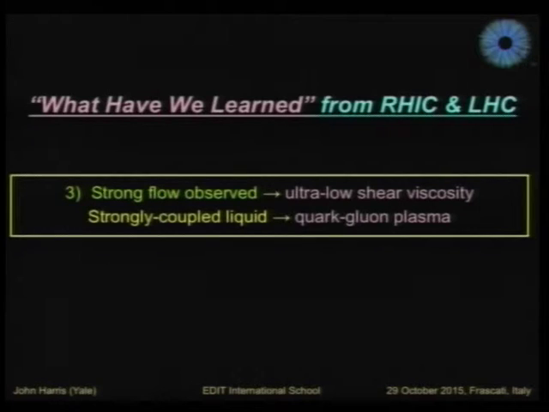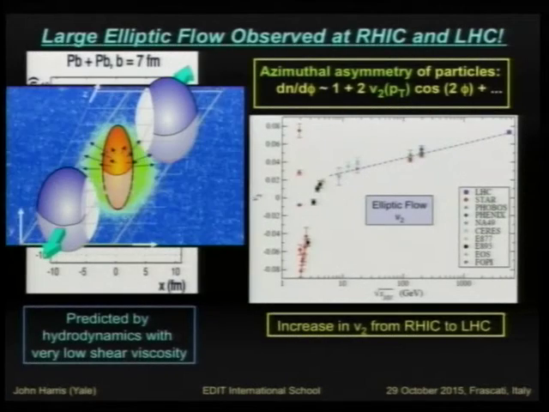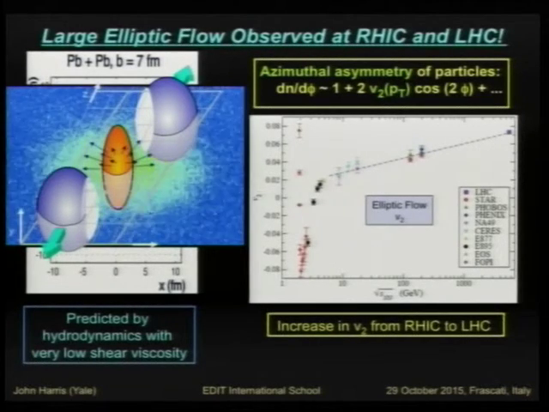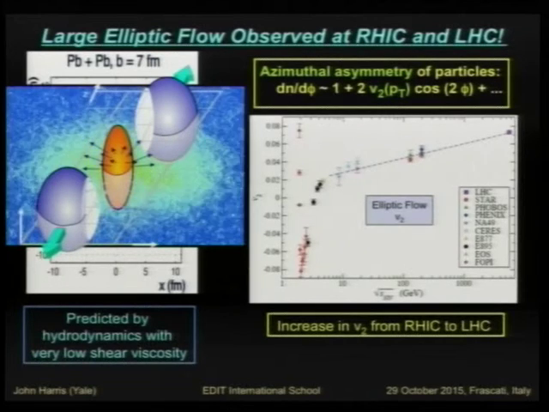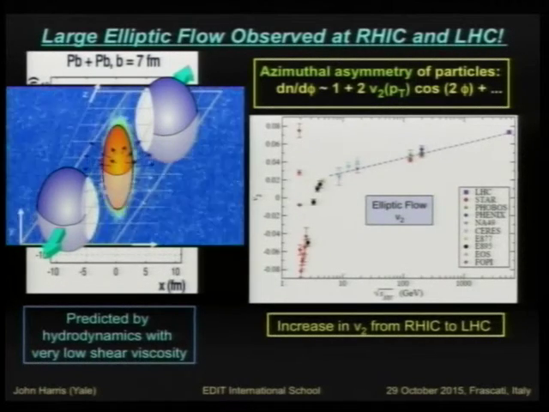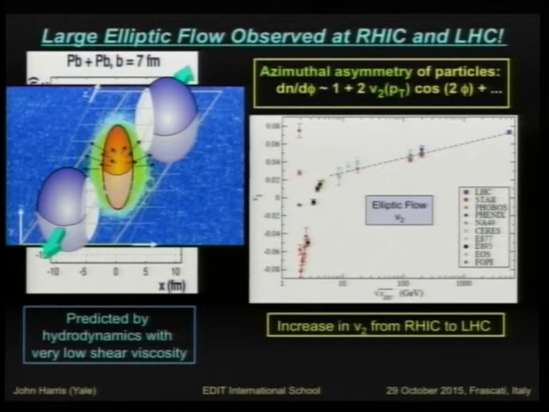Okay, the third point I want to make, we talked about this flow. We saw it at RHIC, that there's significant flow, and I want to relate that to shear viscosity. It turns out that the RHIC collision, or LHC collision, comes in like this in perspective, and then you see the flow being largest in the reaction plane here.